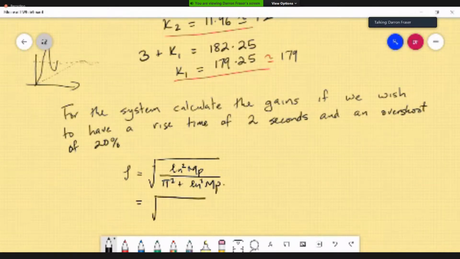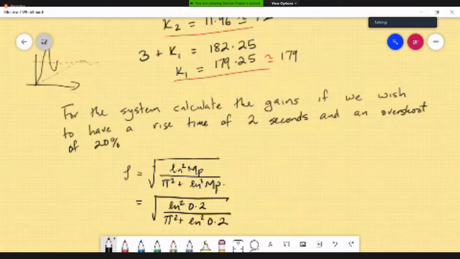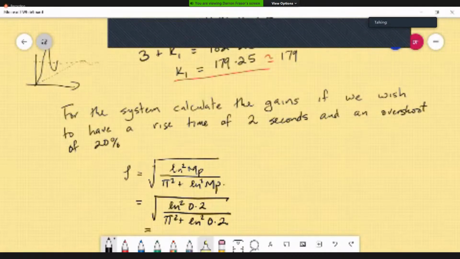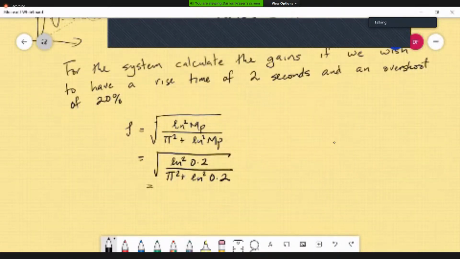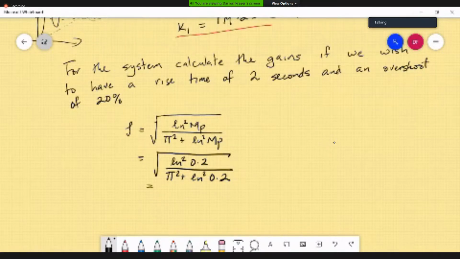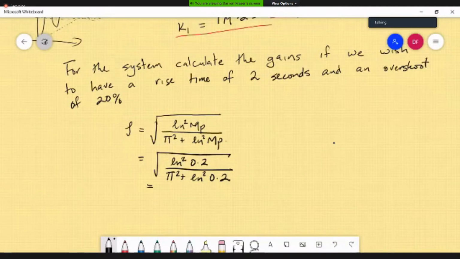So that is going to be equal to ln squared 0.2 over pi squared plus ln squared 0.2. So the damping ratio is 0.456.